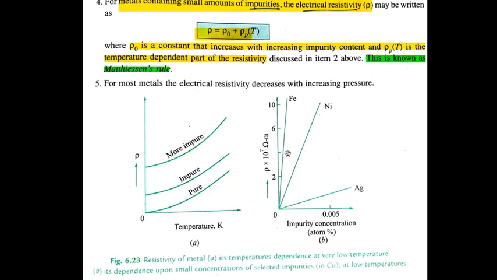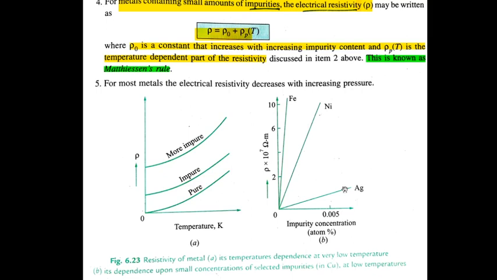So the behavior of iron is stiffer compared to nickel, and silver is very lenient. This also suggests that the response to the addition of an impurity into metallic crystals behaves independently from one metallic crystal to another.